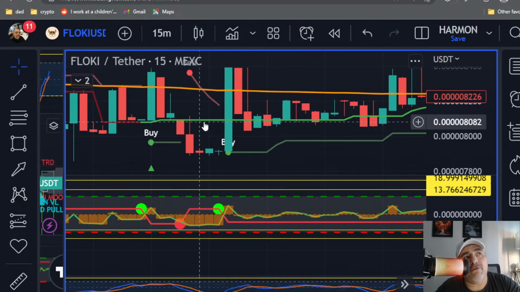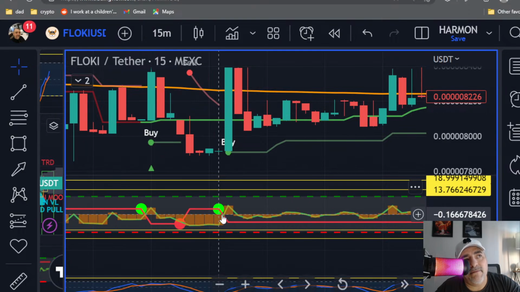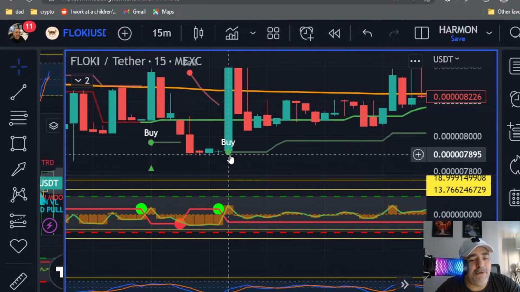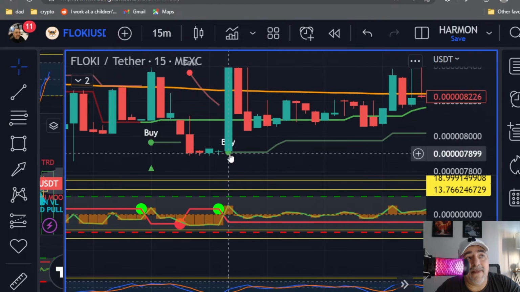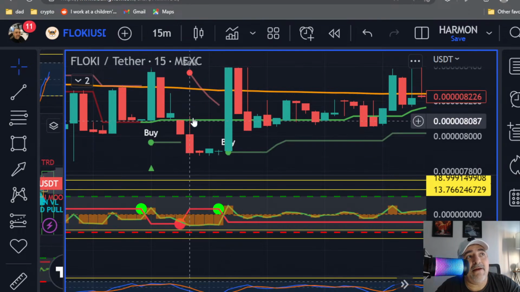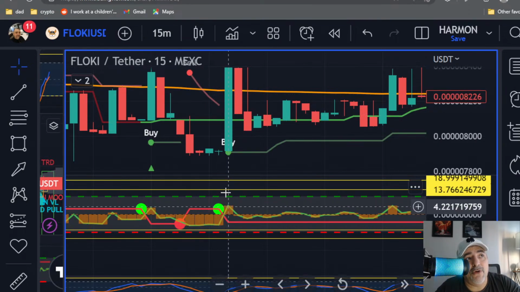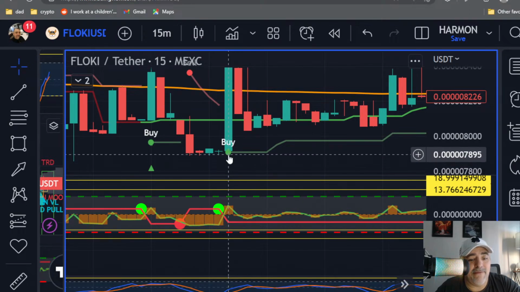What do we have? A green trend, a green moon, and a buy. What did we just go through? A green trend, a moon, and a buy signal. Positive volume. Look at that. That's a winner to me, right? Trend, moon, buy signal. What do we got?